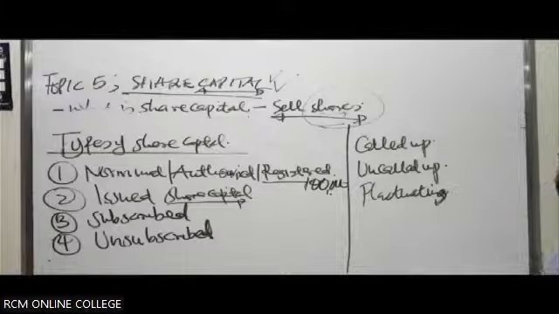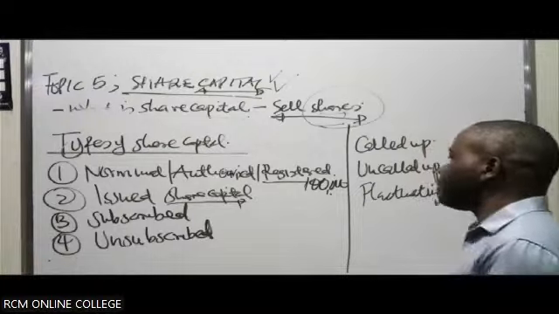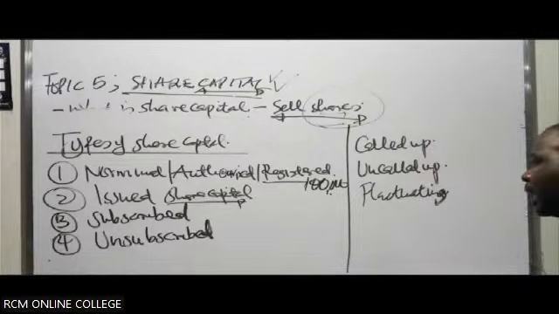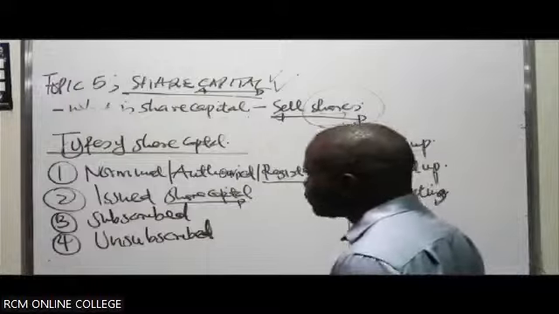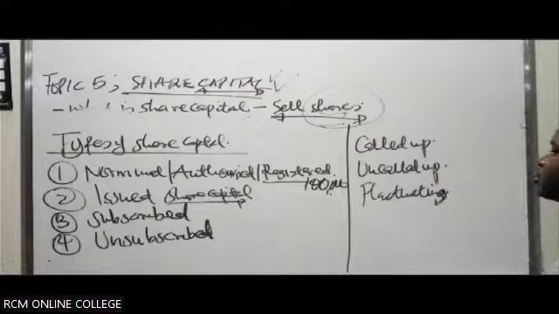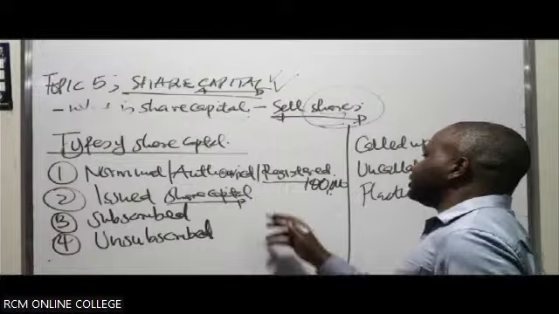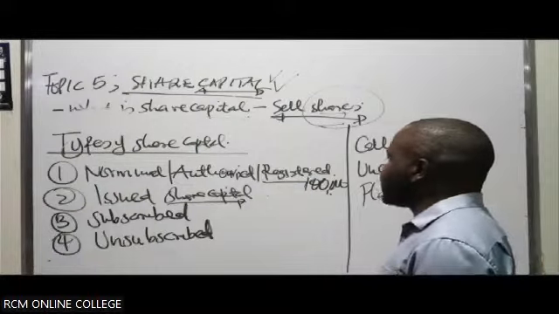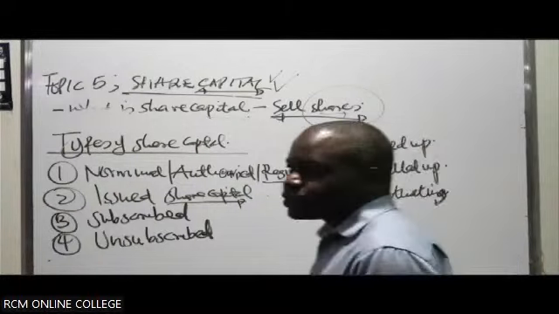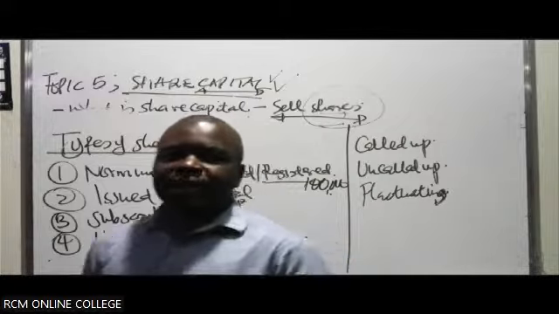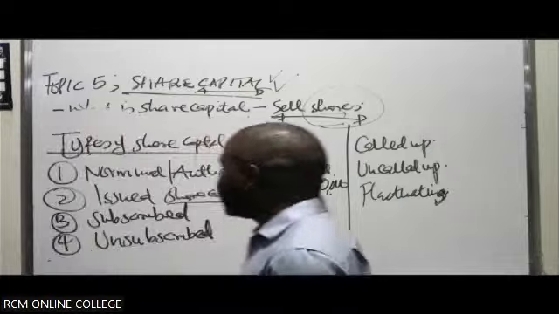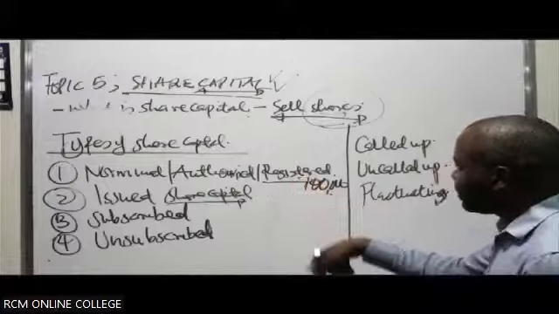So the issued share capital is part of the authorized share capital which has been issued out to members of the public to apply or subscribe for allotment, for the shares to be distributed to them. What you have to take note of is that the issue will never be more than 100,000, because you can never issue what you don't have. It can either be equal to, or less.